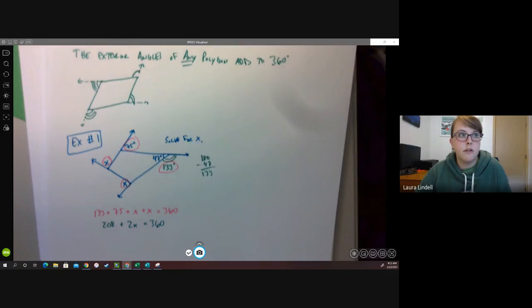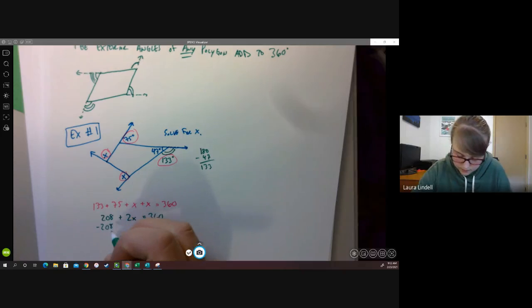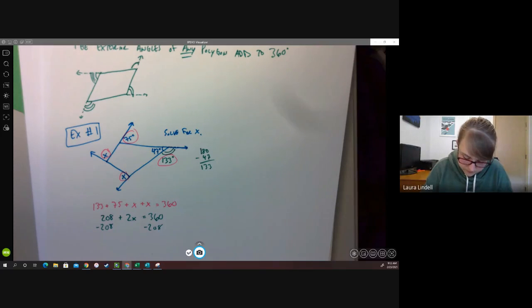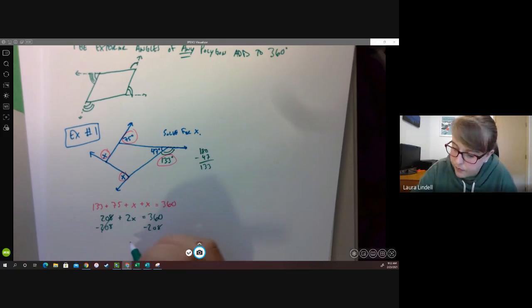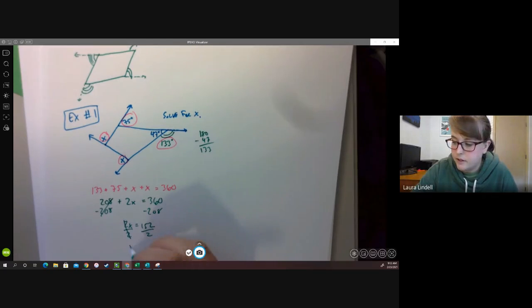Now we're just solving for x, so I want to subtract 208 from both sides to get 152. And then we can divide by 2 on both sides, which gives us x equals 76 for our final answer there.